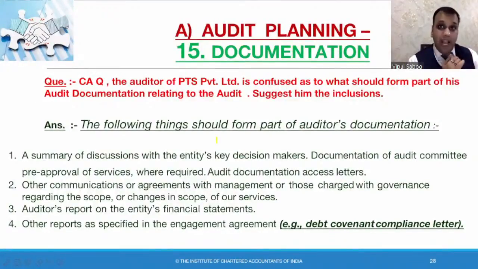All the preliminary activities like the terms of engagement, the client acceptance letter, then your preliminary investigation, whatever your preliminary activities were regarding acquiring the knowledge of the client, then the previous year reports, everything, then your audit planning, what strategy you crafted, then your audit program, the detailed audit program.